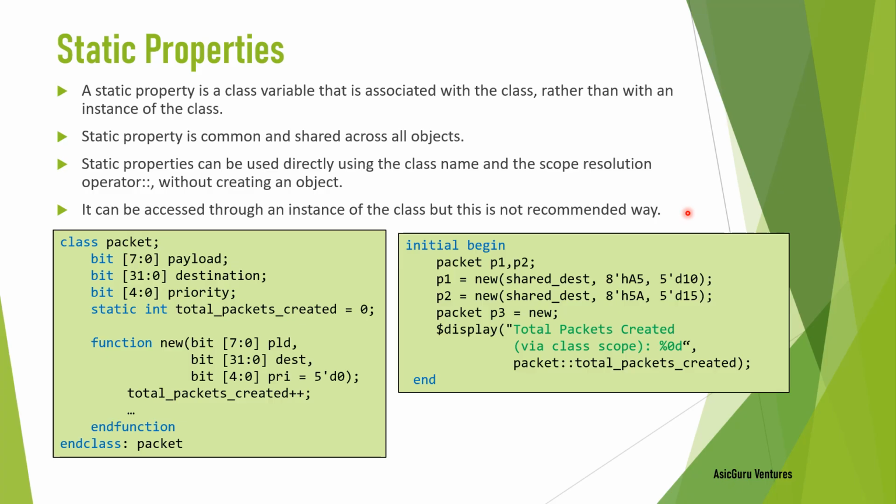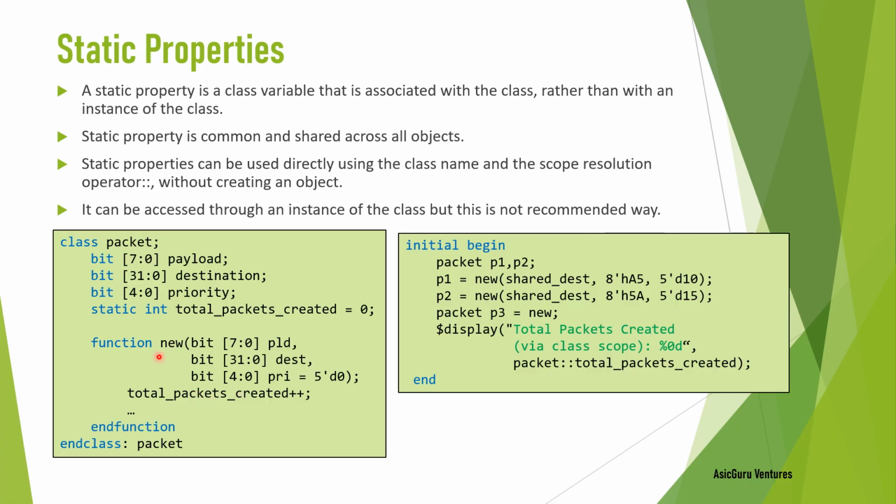For example, if you want to track how many objects have been created. Let's look at this example. We have taken the same packet class and it has three properties: payload, destination, and priority. There is a static variable in the class named total packets created, initialized to 0.